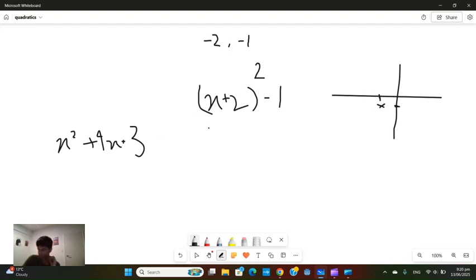And another value is the coefficient of this. If it's nothing, then it's just going to be a normal curve.